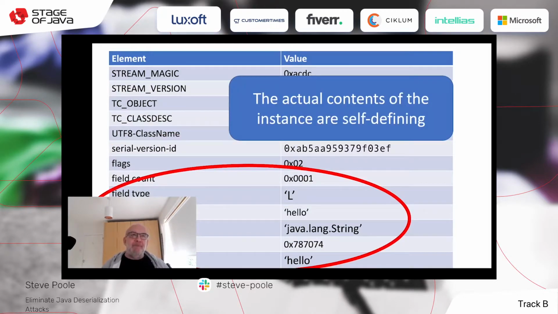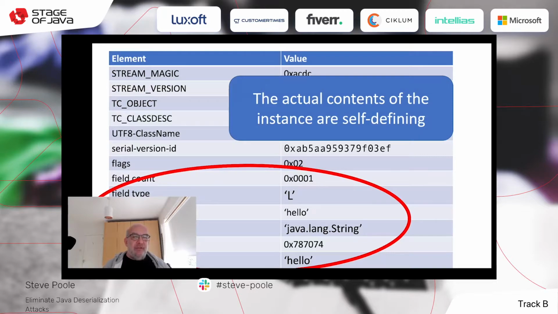Having said that, actually, it's not really quite like that, because the data stream that gets written and read doesn't really rely that much on the structure of the class. The relationship comes from the names of fields. And you can see that UTF-8 field name piece in the middle there, which is hello.